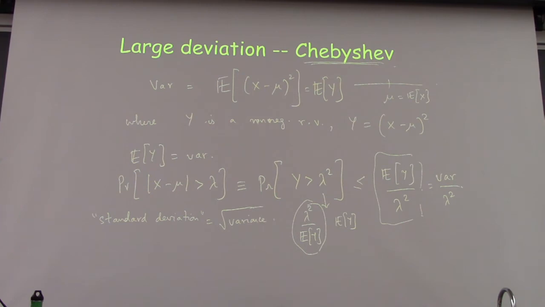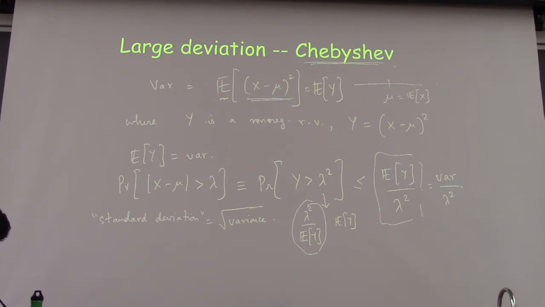So variance was the expected value of the squared deviation, right? So in some sense, typically the squared deviation is roughly the variance, right? So that's what it means by the expected value.